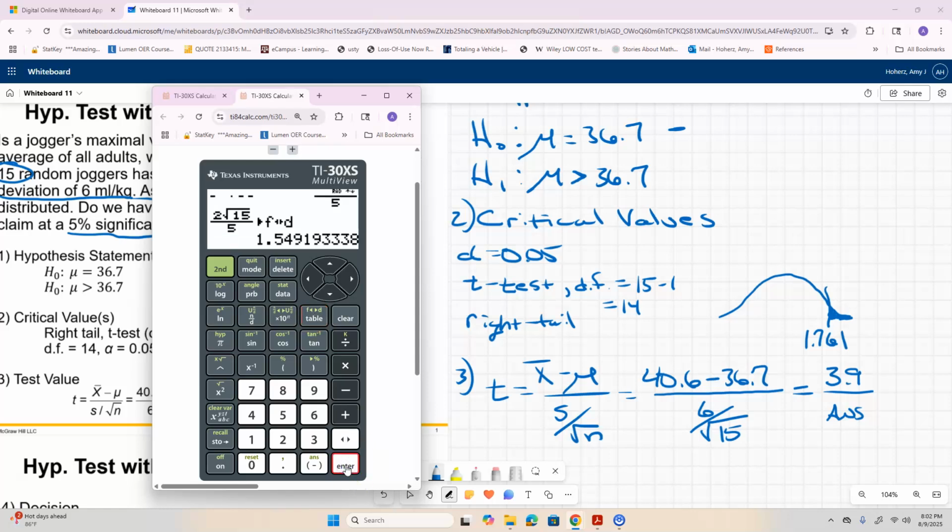This was an exact answer, but it still had the square root sign in it. It probably doesn't matter the way we're doing it. So then we'll do 3.9 divided by the answer, which gives us 2.52 approximately.